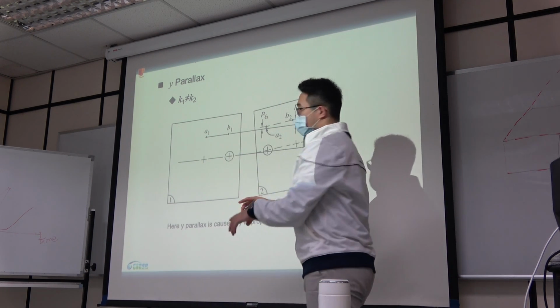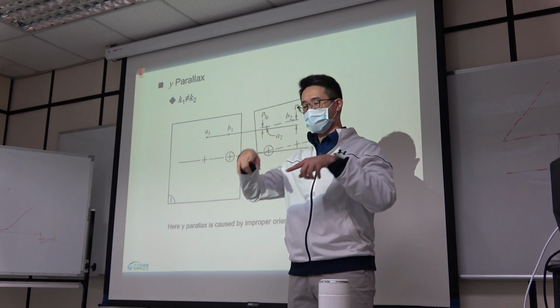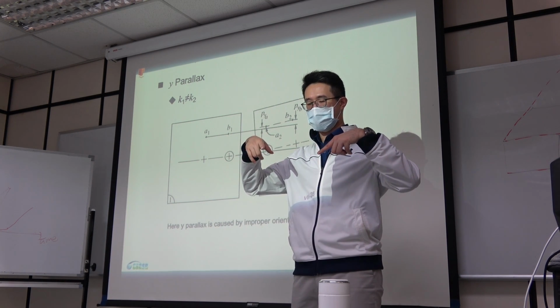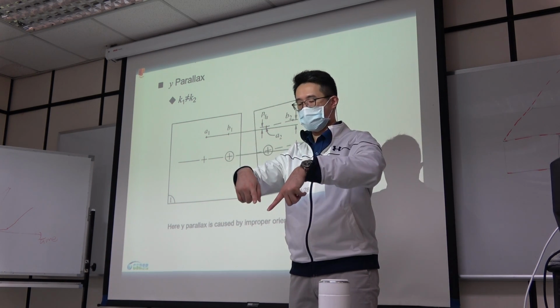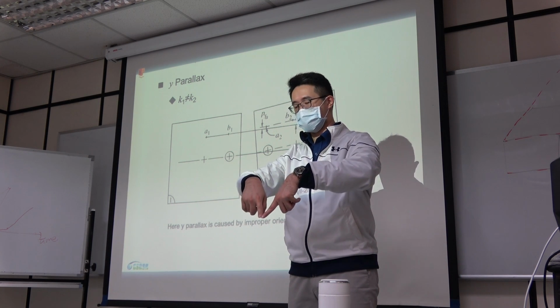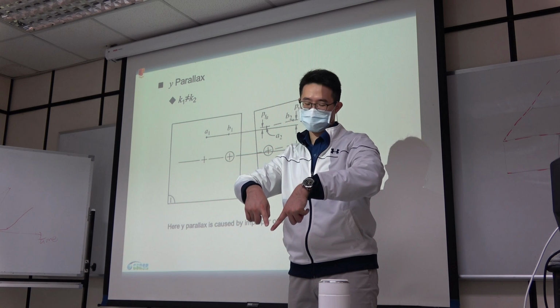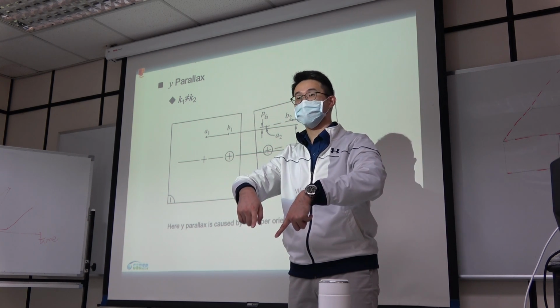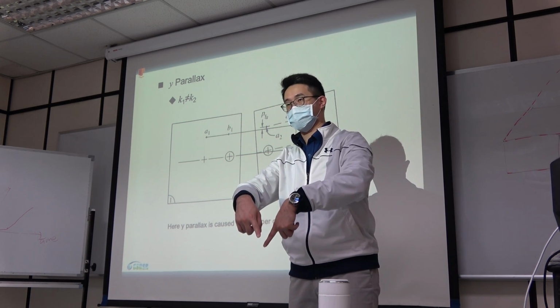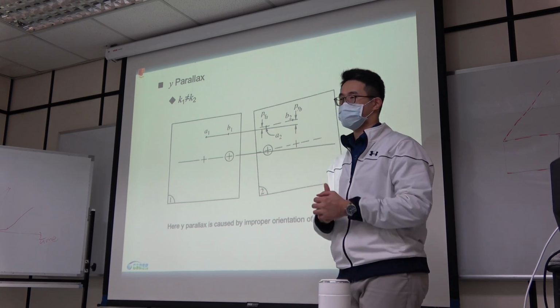So that's the y parallax. As you can imagine, originally these two light rays can intersect, but because you have y parallax, the two light rays gradually separate from each other, and eventually they cannot intersect. Okay, so that's the y parallax.